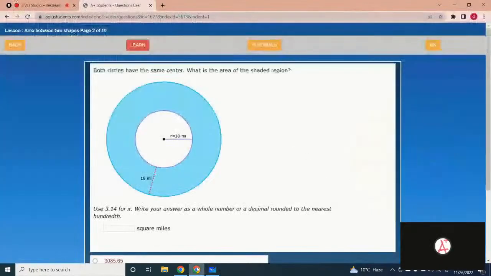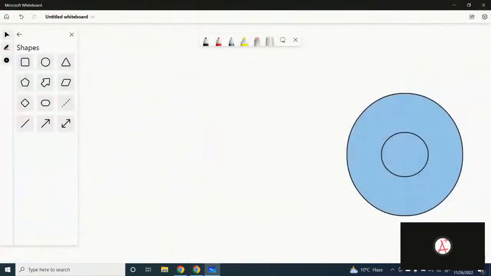Got it? The radius of the smaller one is 18, from here to here. Got it? And the distance from this point to this point is 18, so the larger one would be 36, isn't it? Let's start with finding the area of the smaller circle first.